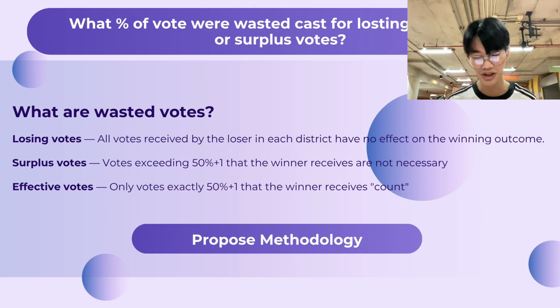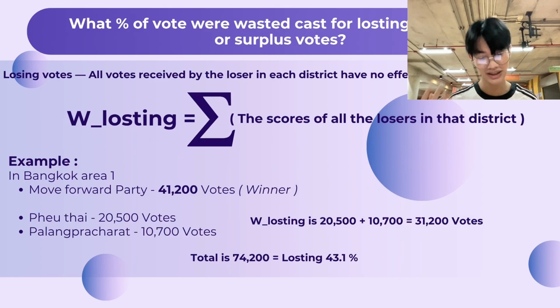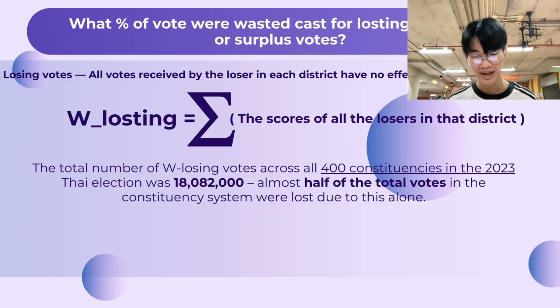So the proposed methodology, the first is the losing vote. The losing votes, or the votes received by the loser in each district, have no effect on the winning outcome. The formula is: the losing vote equals the summation of the scores of the losers in that district.